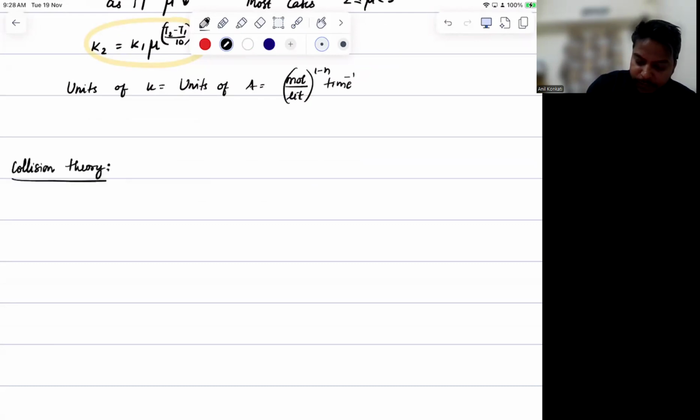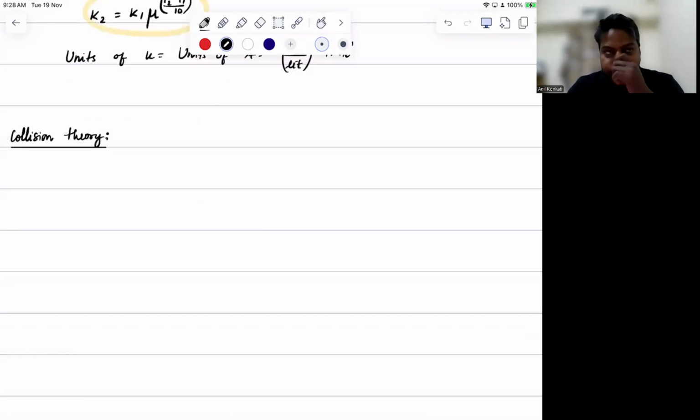Collision theory. See, first we need to understand that a chemical reaction can be a consequence of molecular collisions. When molecular collisions happen, the energy temporarily rises up. The potential energy of all the reactants rises and reaches a maxima, which you call the threshold limit or threshold energy.